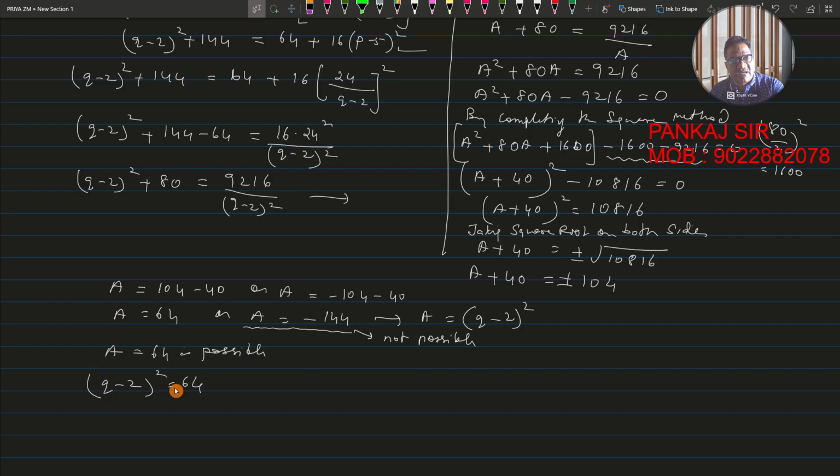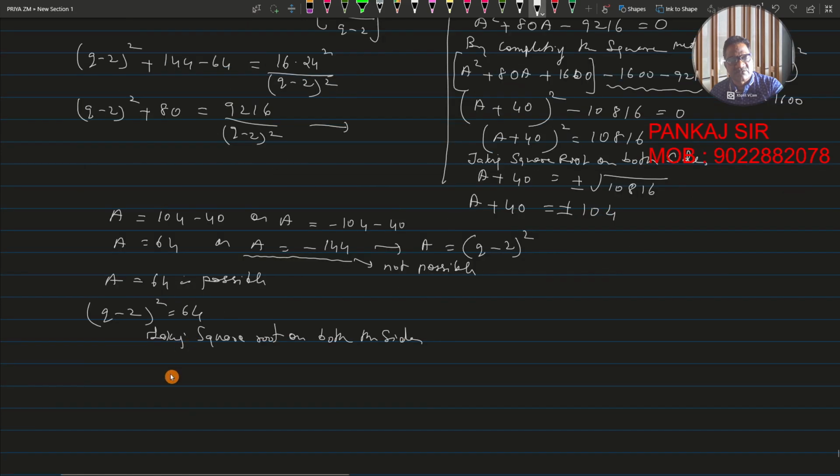Again, taking square root on both the sides. Now I will get q minus 2 equal to plus or minus 8.